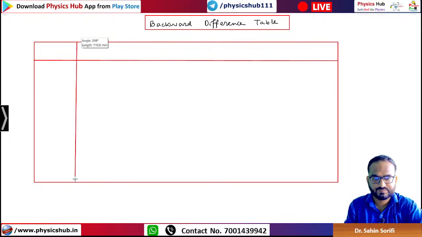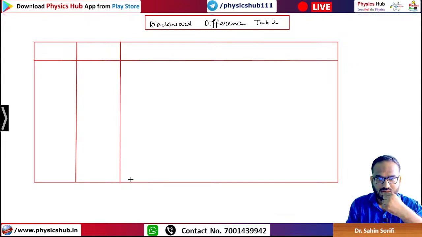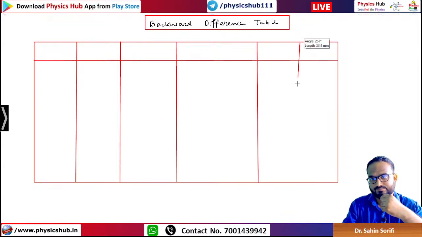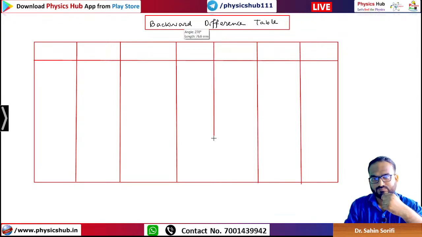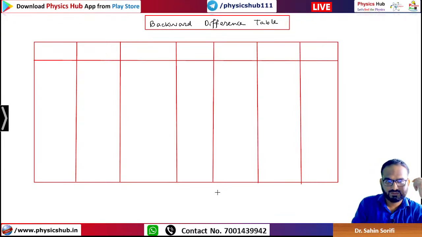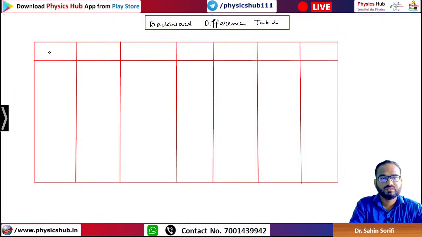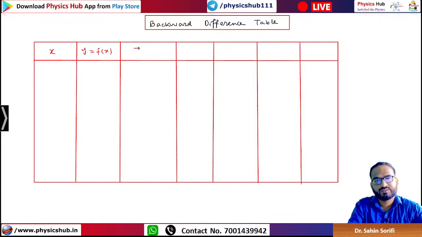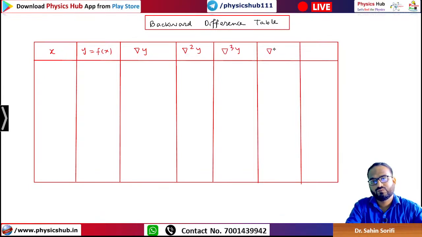Values of x, values of y. Here we'll be writing the first difference. Make seven columns, that will be sufficient for us: x, y equals f of x, first difference nabla y, second difference nabla square y, third nabla cube y, fourth difference, fifth difference.